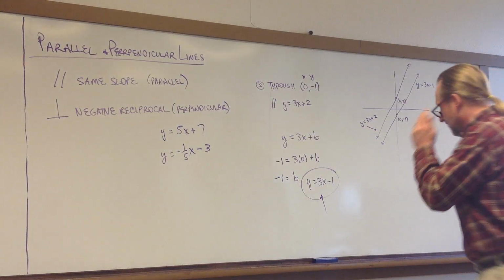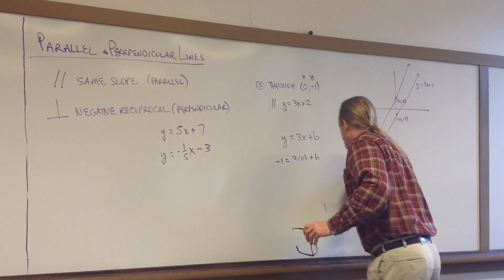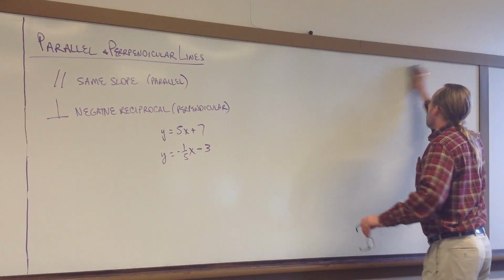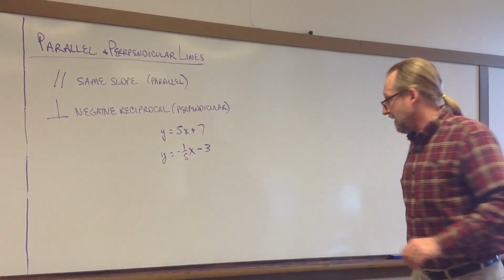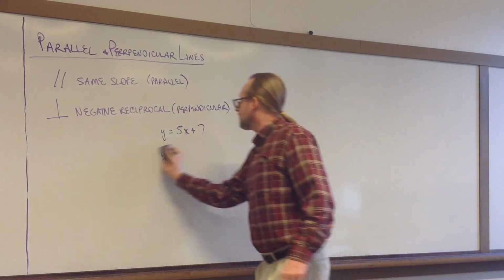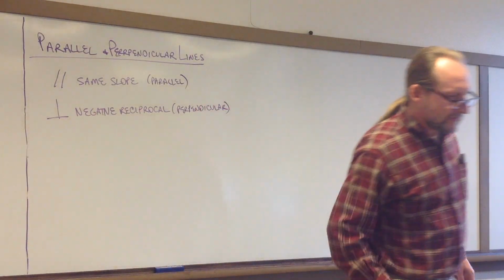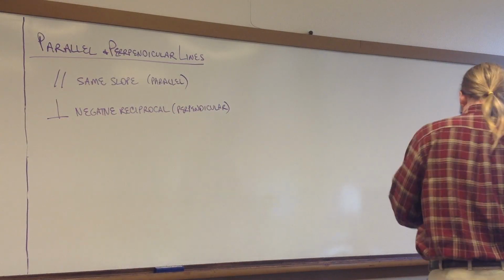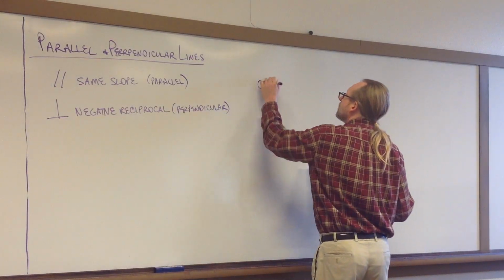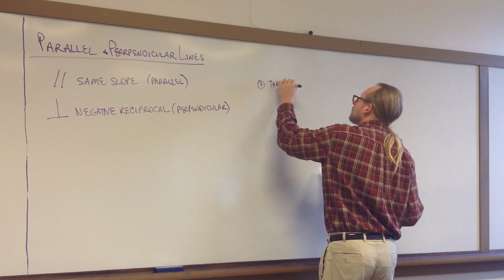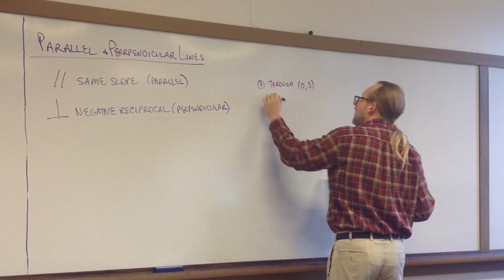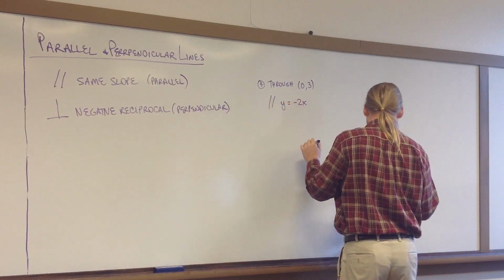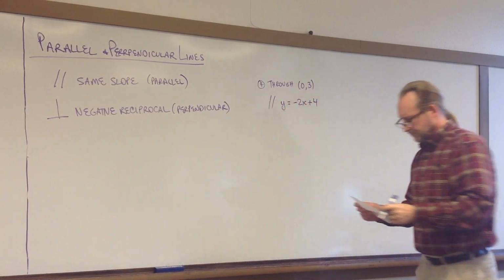We'll go through a few more of these. Let's see, I think I'll erase this example. Okay, problem 4. Passing through the point (0, 3) and parallel to the line y equals -2x plus 4.